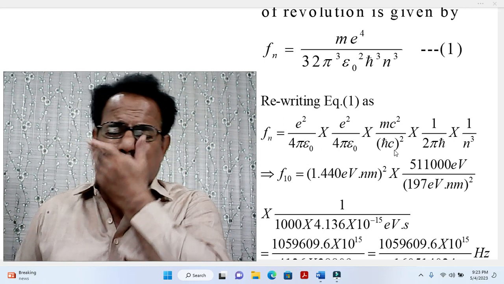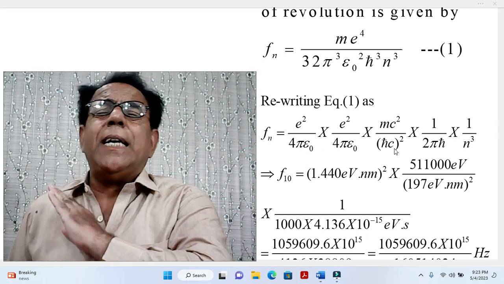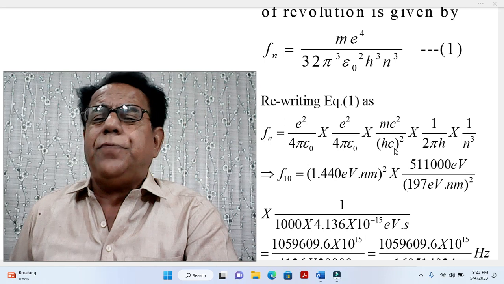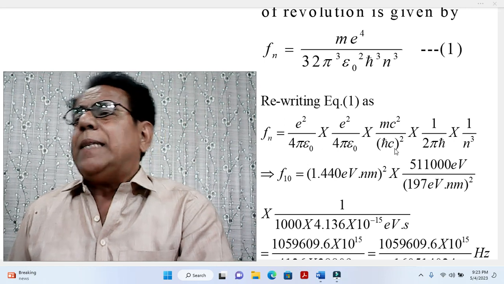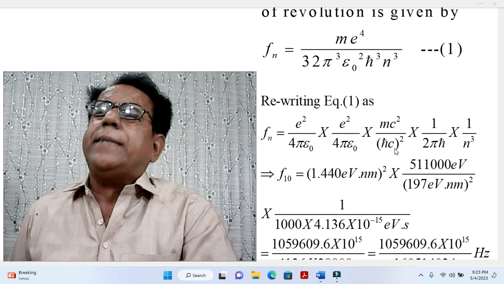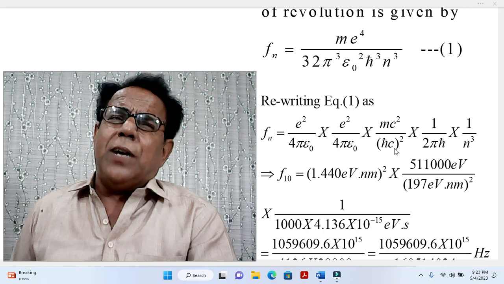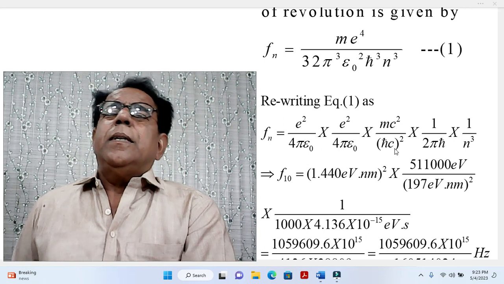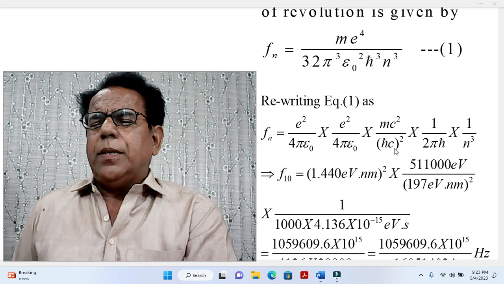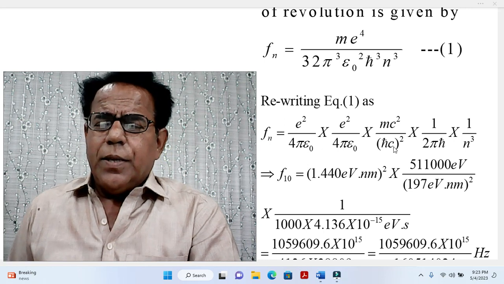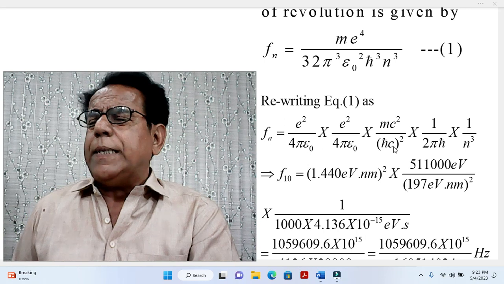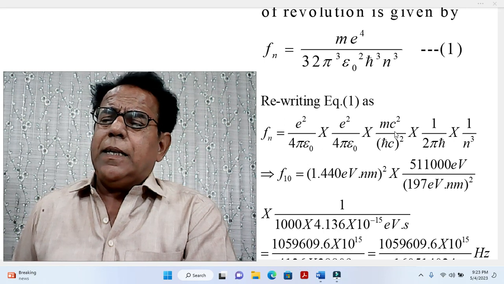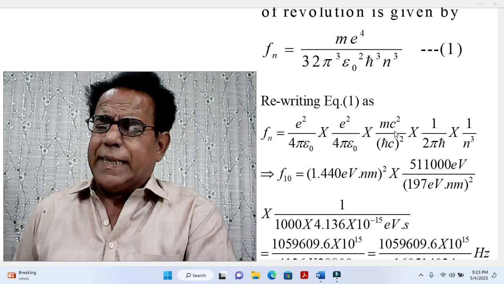Otherwise, if we straightforwardly put in all the values of the physical constants, simplify their units and convert them from one physical quantity to another, it will be a little laborious or lengthy task.